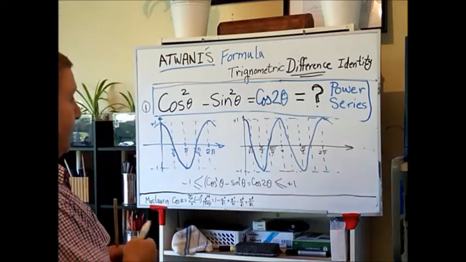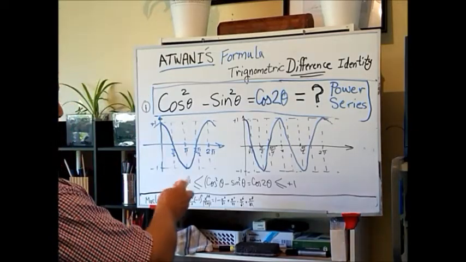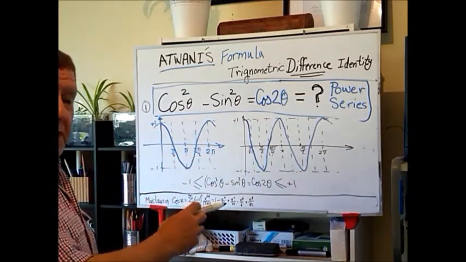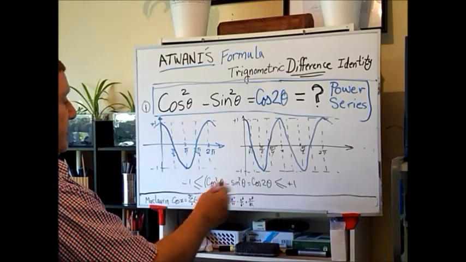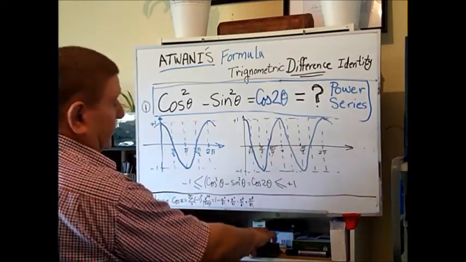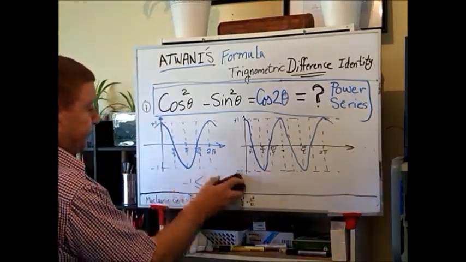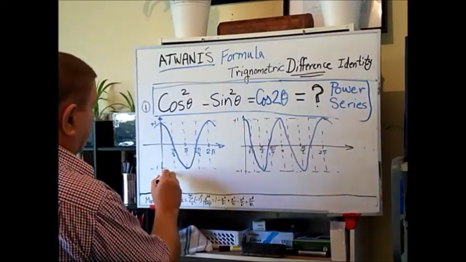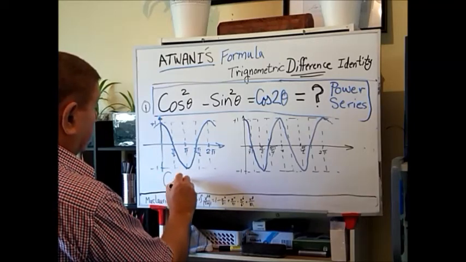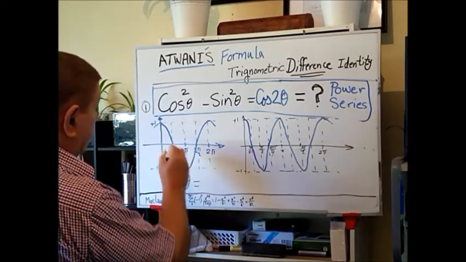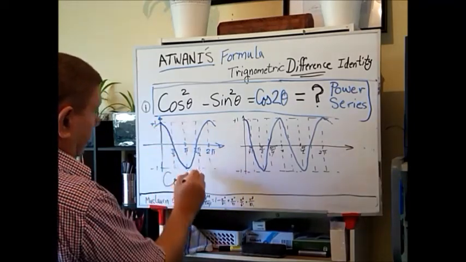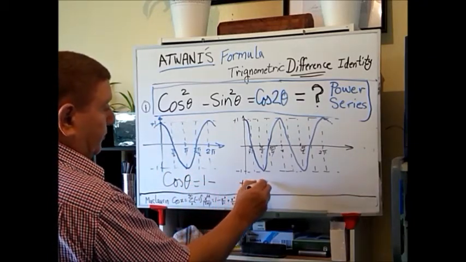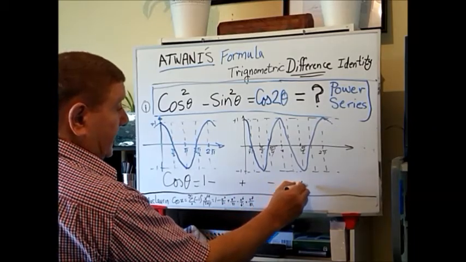So what we got here is that if we start with the simplest form, that is for cosine theta, that gives us the expression: cos theta equals, as it starts from plus 1, so it's 1 minus, then plus, then minus, and so on.